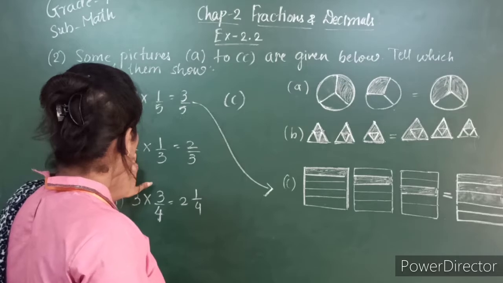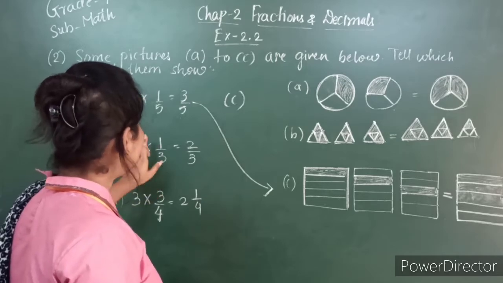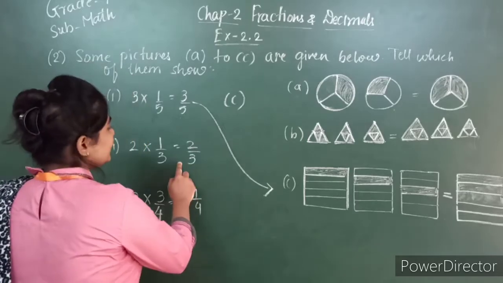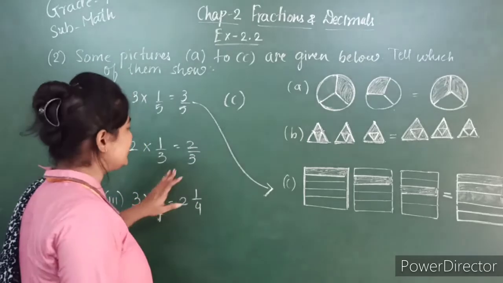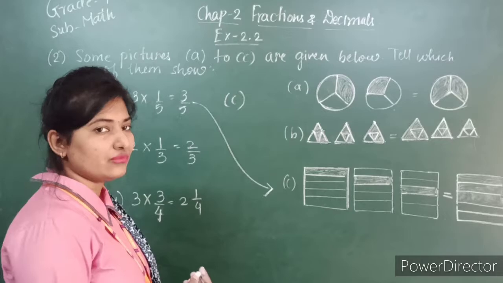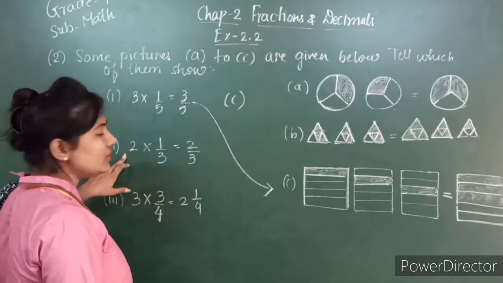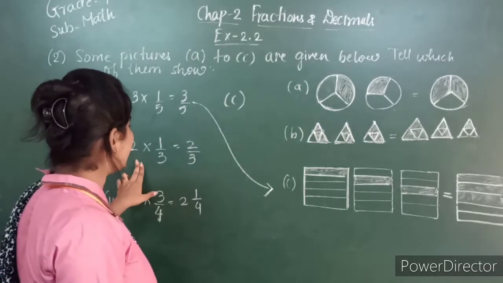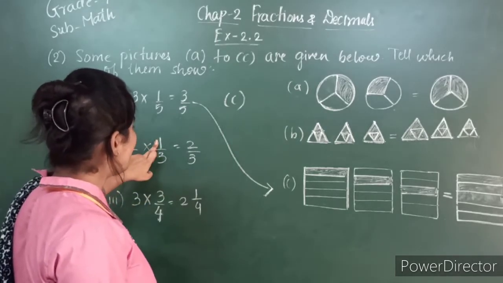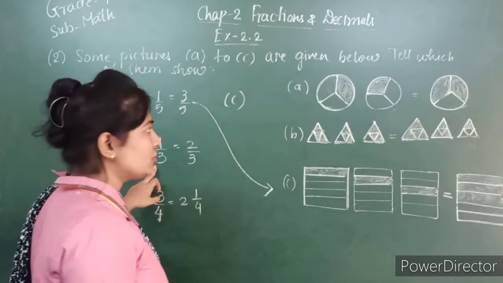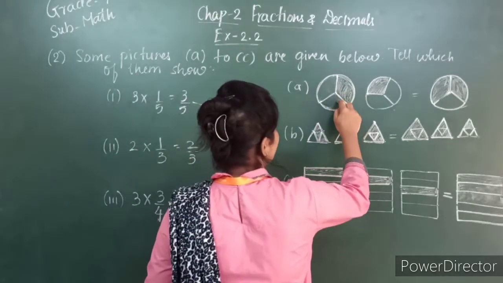Then second, 2 into 1 upon 3, it means 2 upon 3. So in this the denominator 3 shows that total 3 parts of that picture. But 2 pictures are given. Here 2 is given. So 2 pictures are there in which one portion is shaded and total 3 parts are there. So here 3 parts are there.